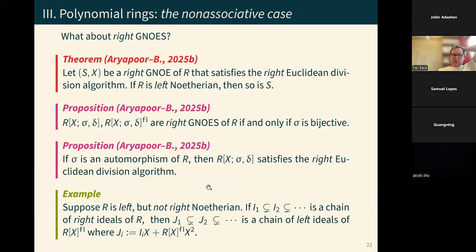So this has a really simple construction, and it's based on the fact that this X flips left from right, so that right ideals become left ideals in this flipped setting. And now you have this infinite chain of left ideals, so this ring is not left Noetherian, even though you started with something which was left Noetherian. So this really tells you that the flipped case is really flipped somehow.